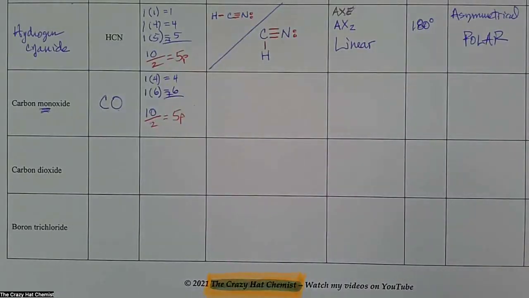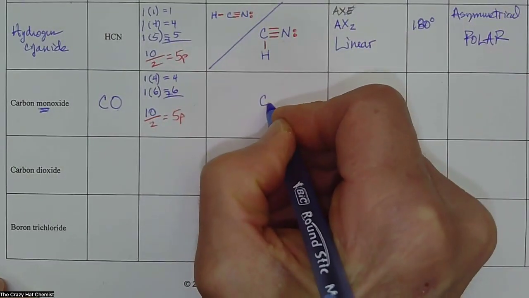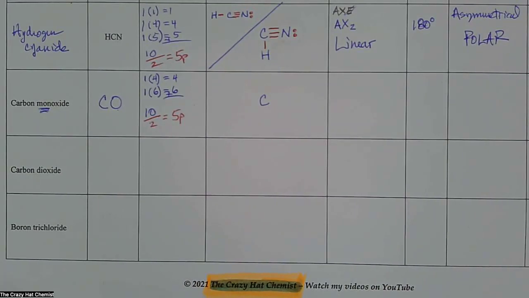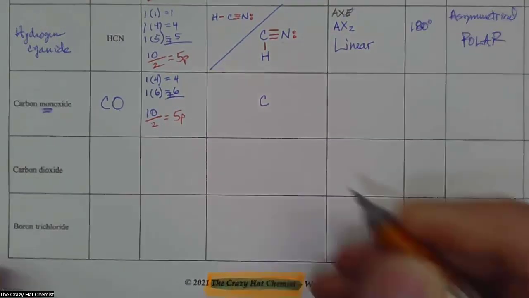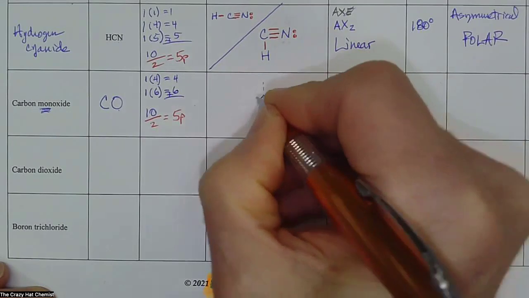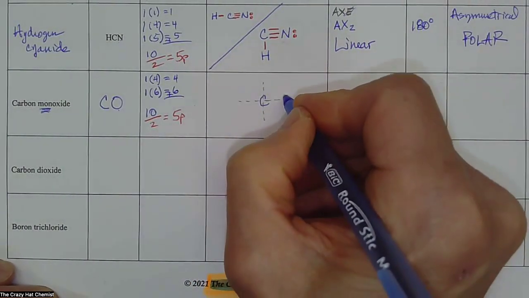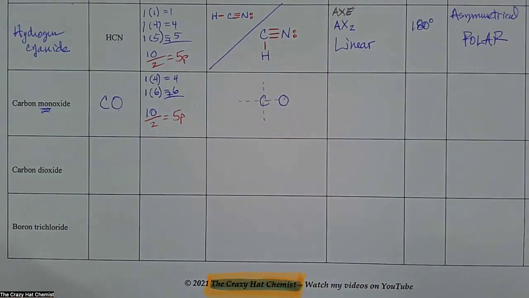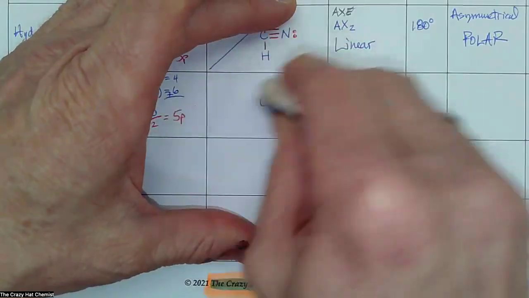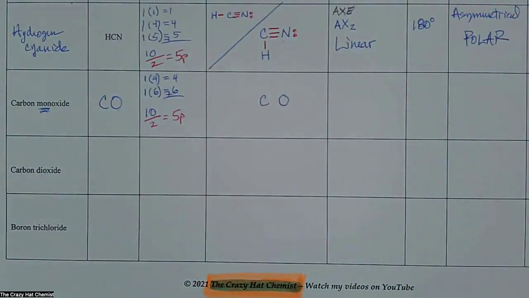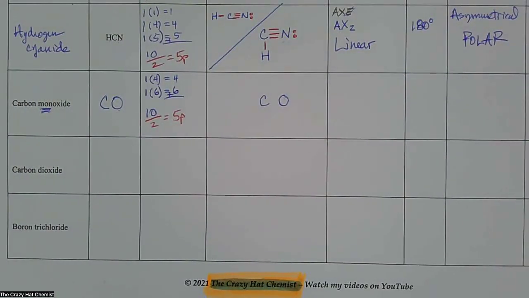That goes in the middle. So the carbon goes in the middle, and the oxygen goes next to it. Again, we are following this path right here, the X marks the spot or the sign of the cross, and that oxygen is going to go there like that. Beautiful. I'm going to erase those dashed pencil marks here because we don't really need those anymore since we put them there. Perfect.